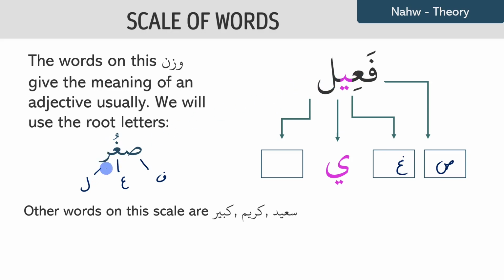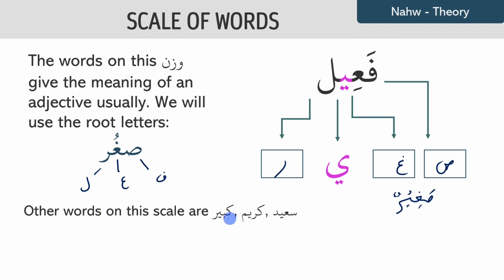And the ra will replace the lam in the template. The letter ya is extra. It's not part of the root letters fa'ala, so we just bring it down. And in the end, we get the word saghirun, because the scale is fa'ilun and you also get the same haircut, so it's saghir. And saghir means small.